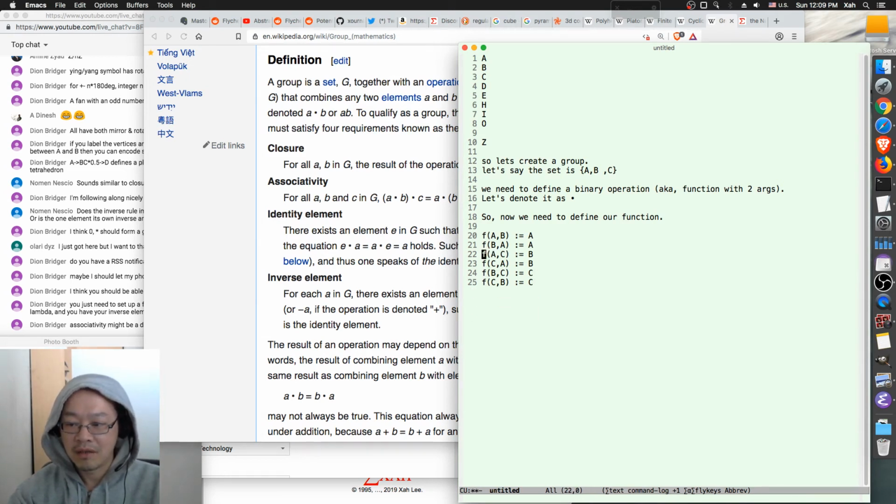There it is, we defined our operation. It covers all possible combinations of two elements in the group, and the result can be anything. You define the function.